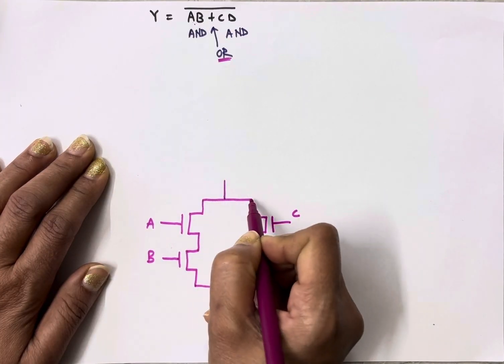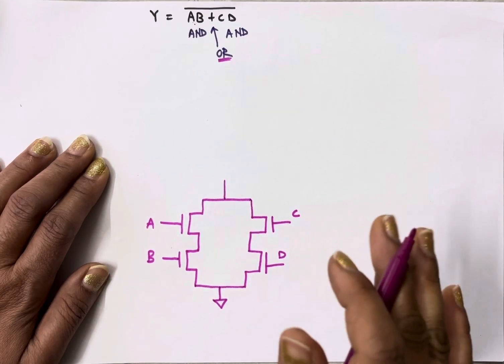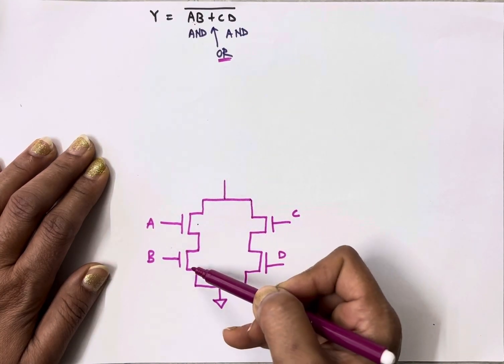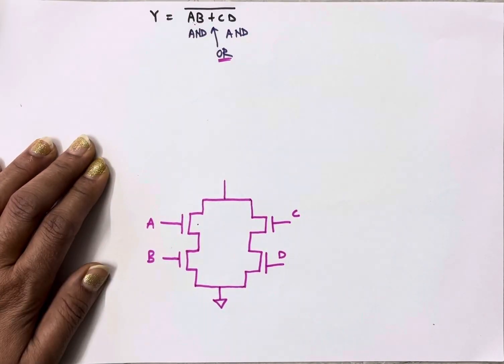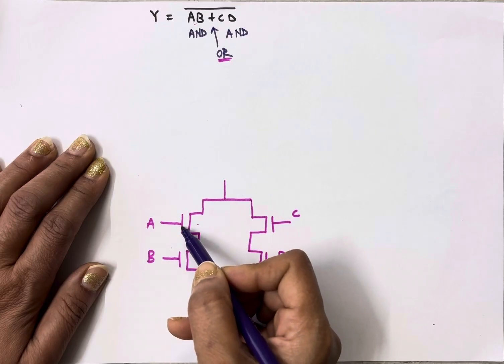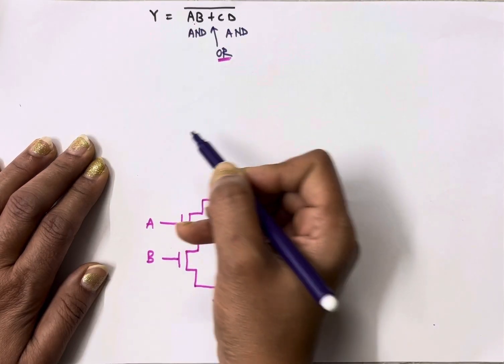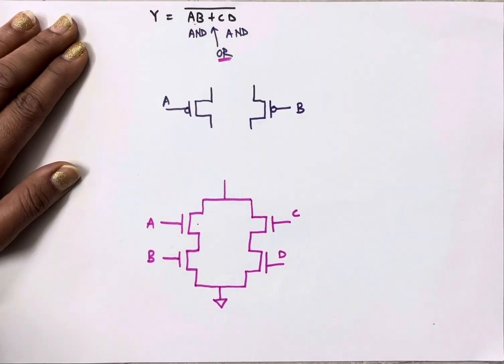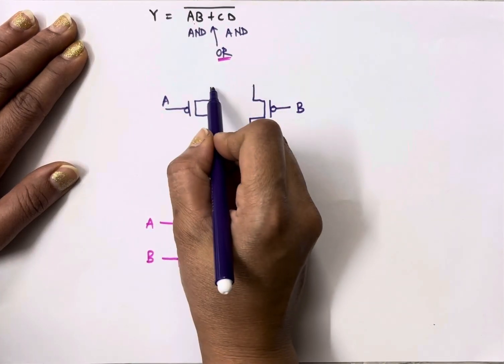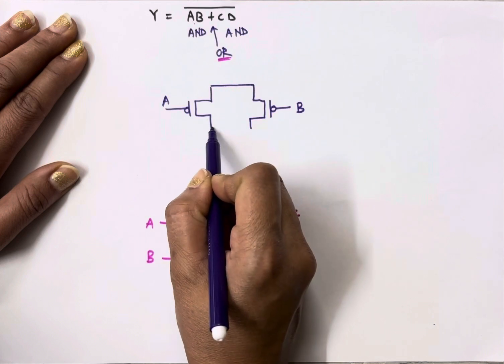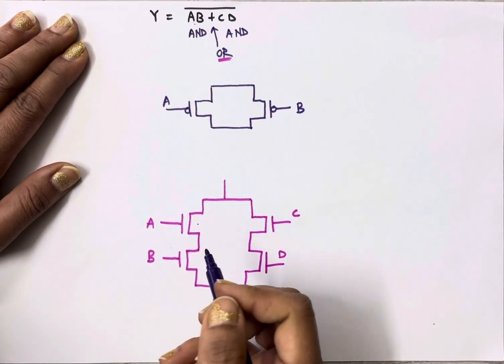And now let's implement pull-up network. The simple rule is when NMOS are in series, then PMOS are in parallel. So we must draw PMOS A and PMOS B in parallel. Their drain terminals are shorted, source terminals are also shorted.